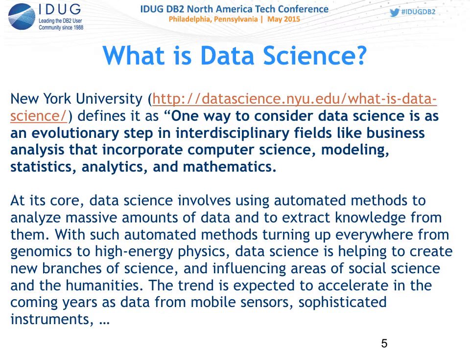And they consider data science as an evolutionary step in interdisciplinary fields, here you see analysis again, that incorporates computer science, modeling, statistics, that's one of the key parts of data science, the analytics and mathematics.